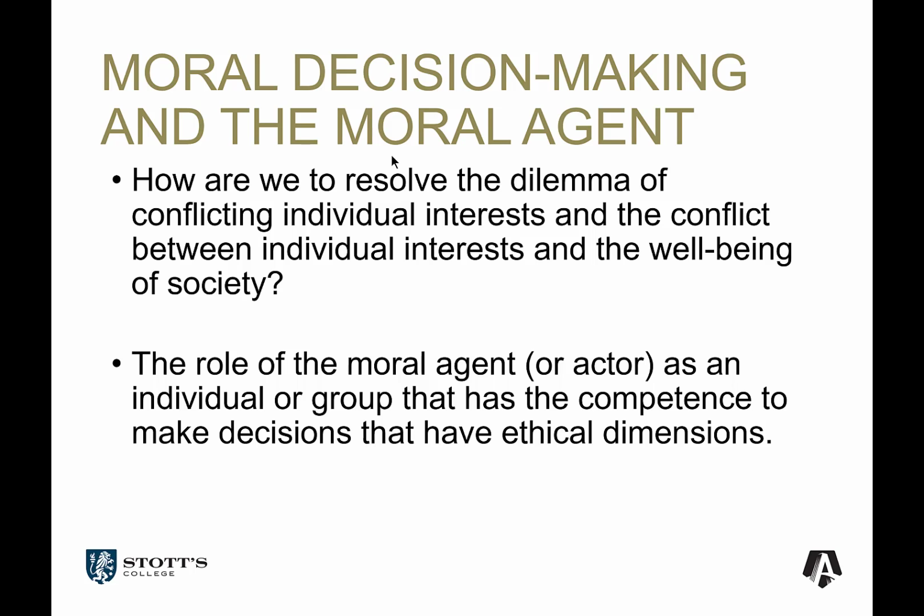So the moral decision-making process is how we deal with the dilemma, balancing individual interests and the conflict between individual interests and the well-being of society. And the person who makes that decision is the moral agent or the actor.